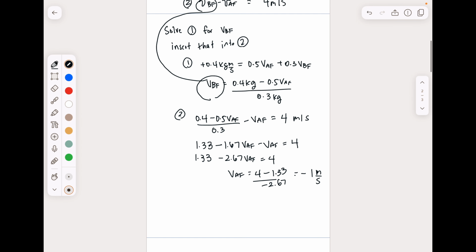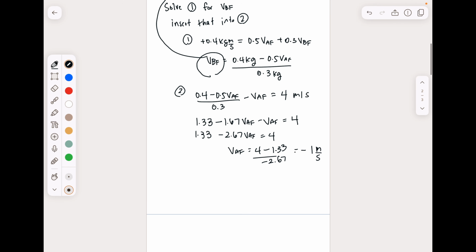So the final velocity of glider A is going to be moving to the left at 1 meter per second. And we can use that to find the final velocity of B, right? We can take this very same equation that we found for VBF and insert what VAF is now. Negative 1, make sure you use your sign, right?